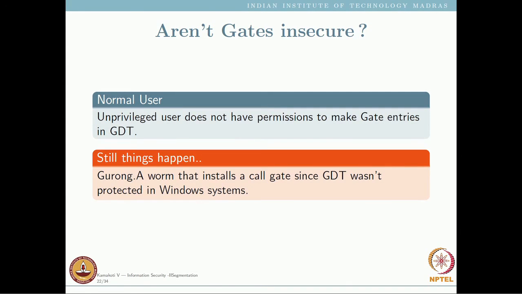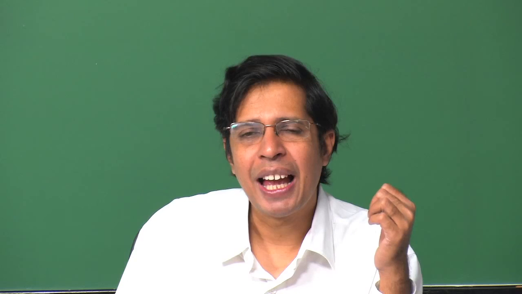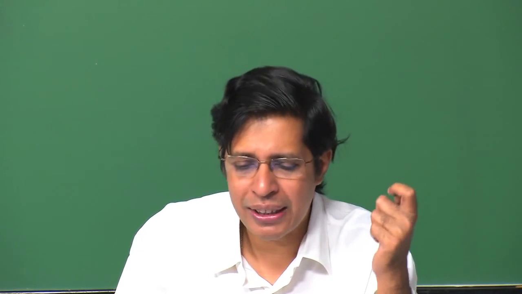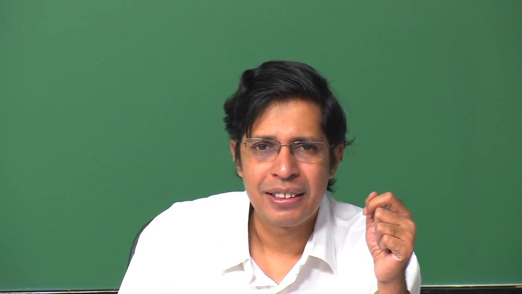Now, are all these gates insecure? If you are not careful about coding, then it is a problem. So, this is one case study. Gurung is a worm that installs a call gate so that it can get higher privilege, because in some earlier versions of Windows the GDT was not protected.